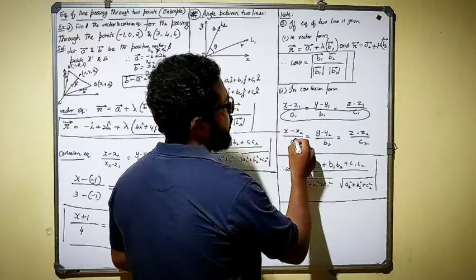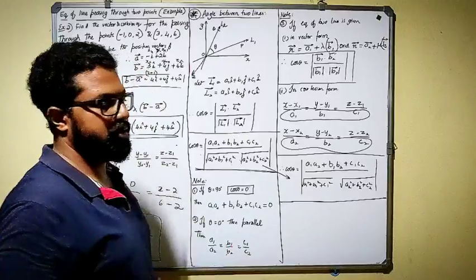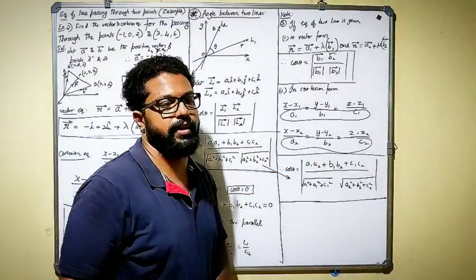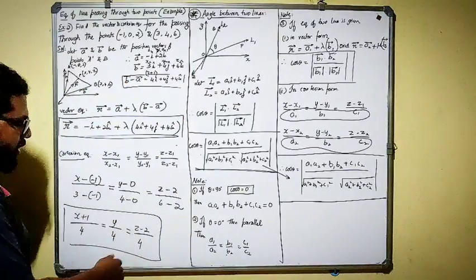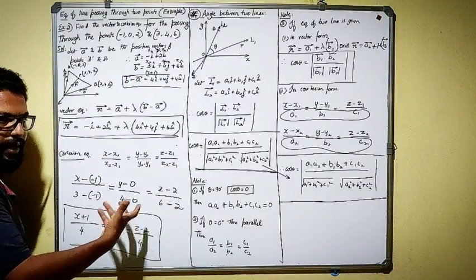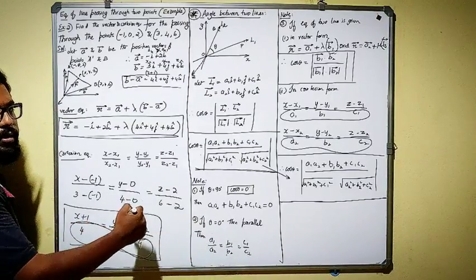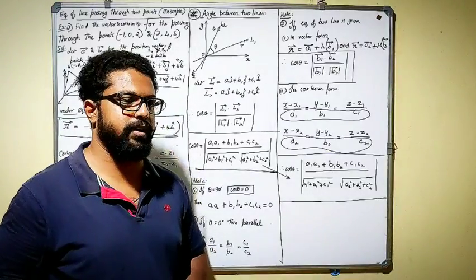Correct or not? Check the formula. This is the formula, the same as this. I just look at the denominators of both lines in the equation. If there is another line whose angle I need to find, I just look at its denominators as well, substitute in these positions and get the answer for the angle between the two vectors.